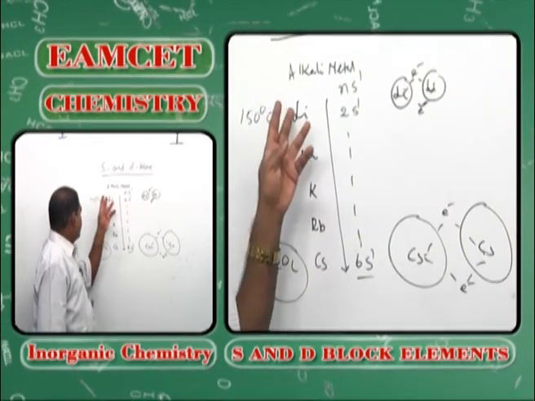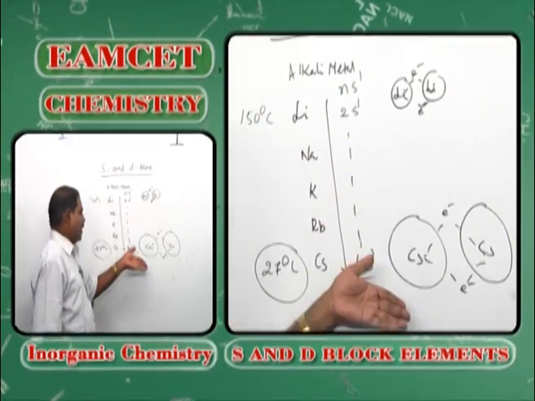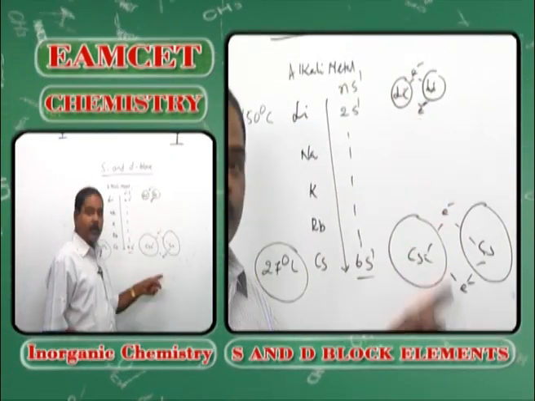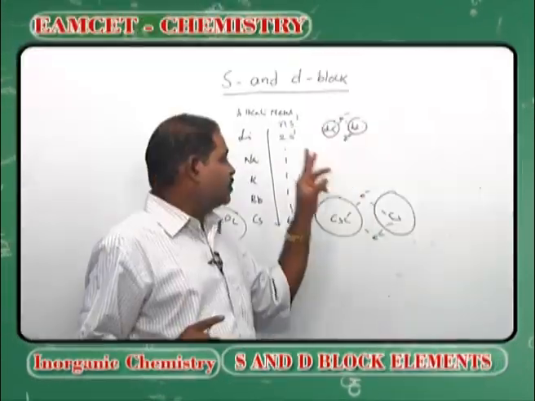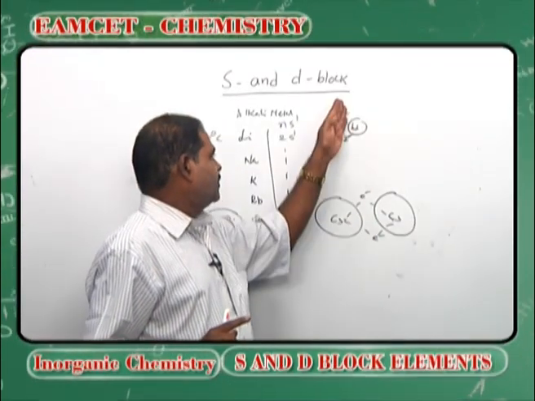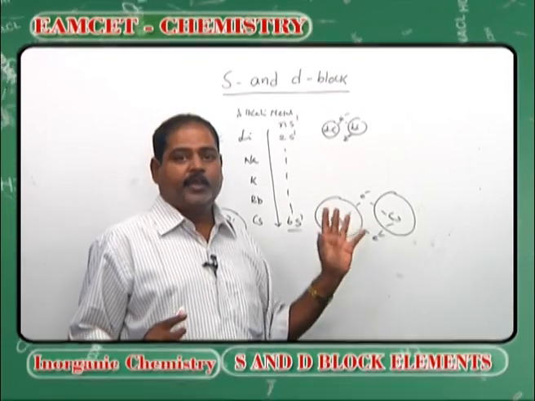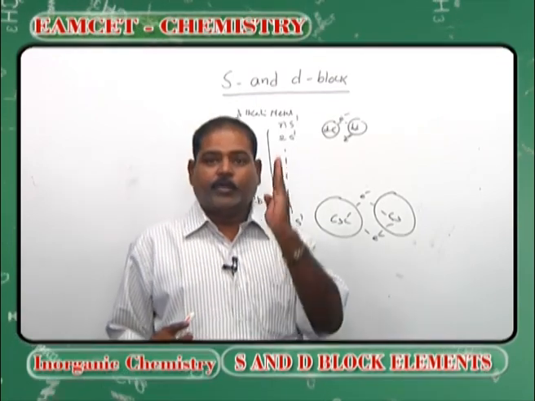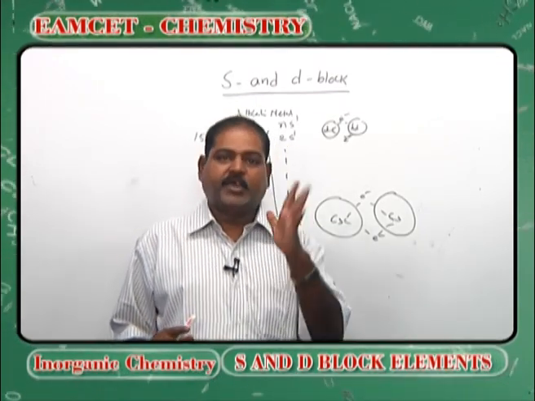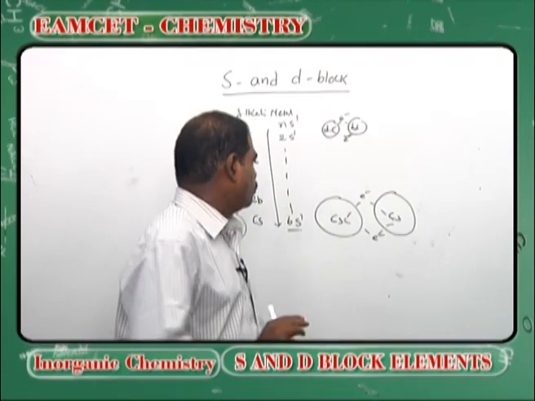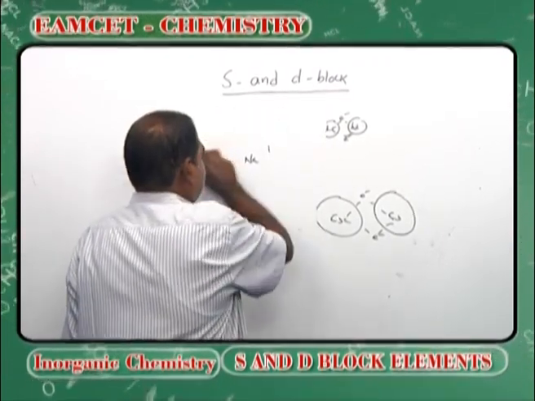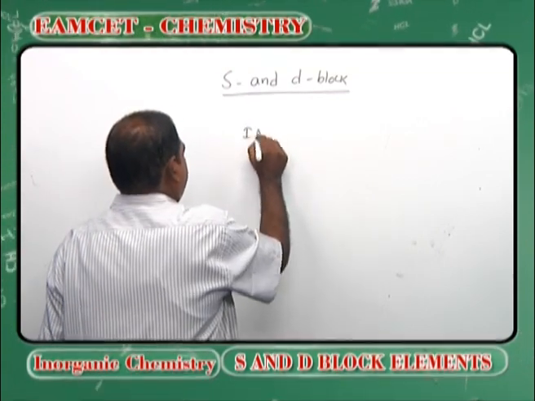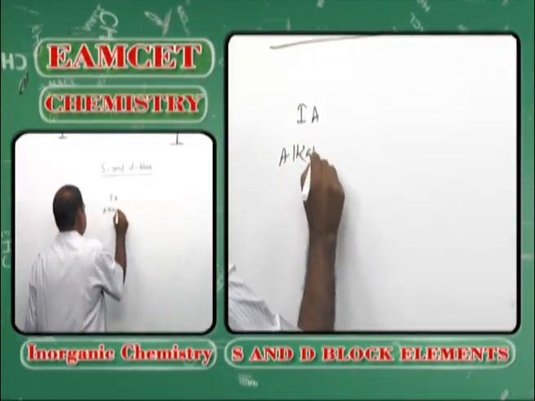So, for lithium the melting point is high, for cesium very low. Why? The number of electrons participating in the metallic bond is 1, size is big. So, it depends on two factors. One is a constant, but the other one is a variable, it increases. So, top to bottom in a group of metals, the melting points decrease. There could be 1 or 2 variations, do not mind that. So, look at the S block 1A, they are called alkali metals.